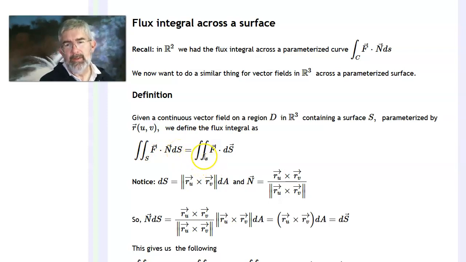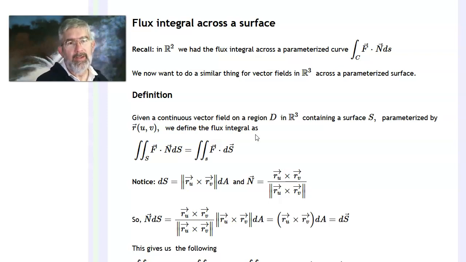Now, we write it this way as well, F dotted with d capital vector S. This is a lot like we did for line integrals along the curve, where we had the unit tangent vector times a little bit of arc length and decided that that was just the derivative vector times dt.